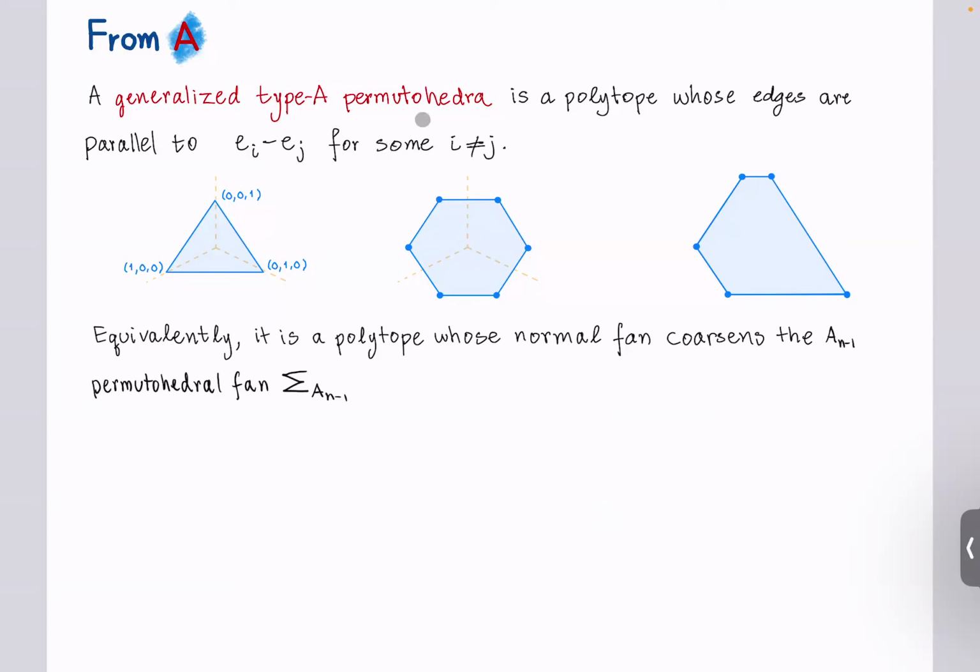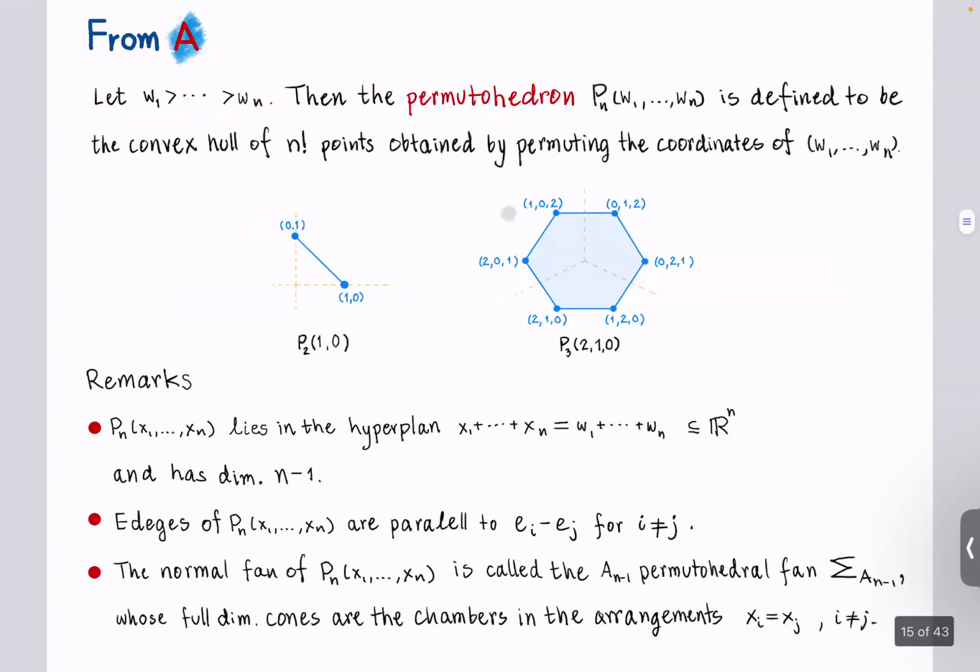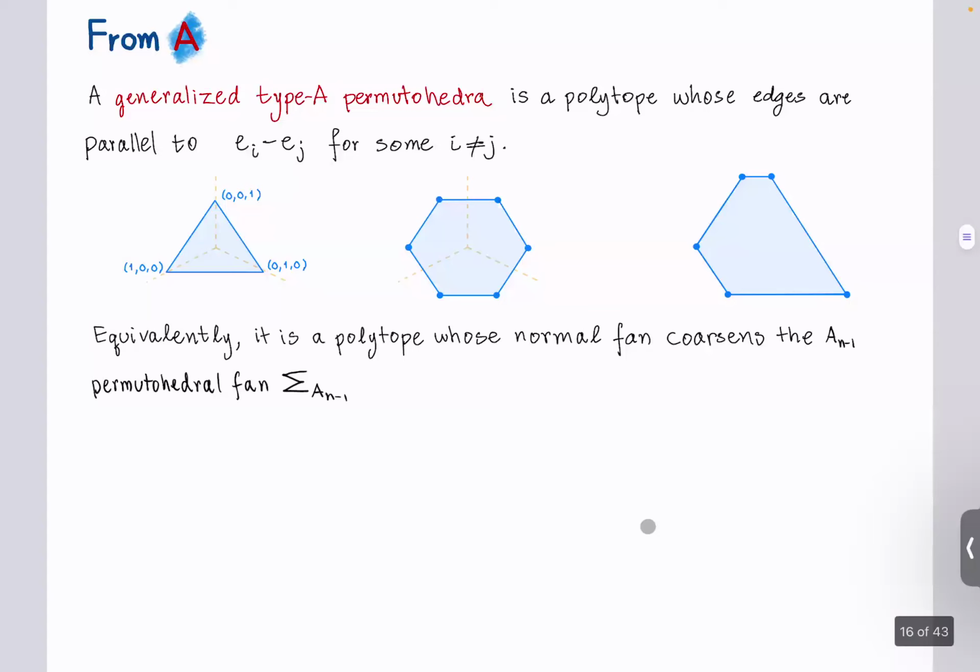A generalized permutohedron is a polytope whose edges are parallel to e_i minus e_j for some i not equal to j. The permutohedron on the previous slide certainly satisfies this by a remark. And this is a generalization of that.